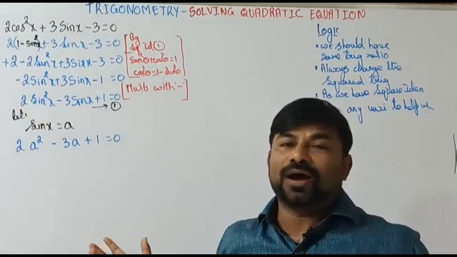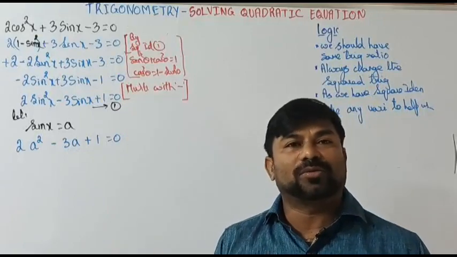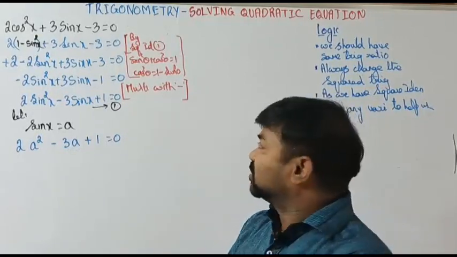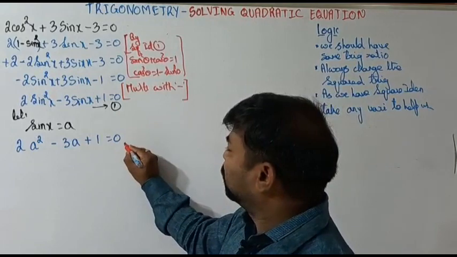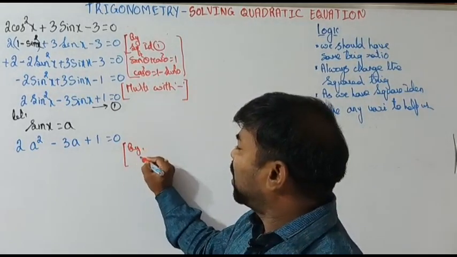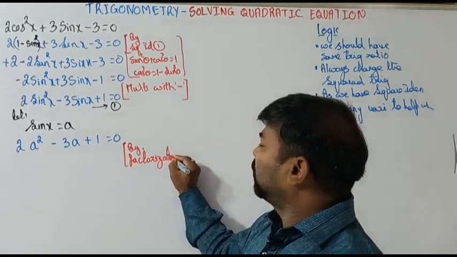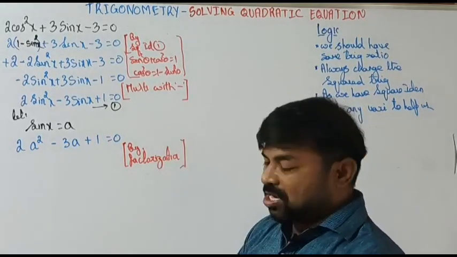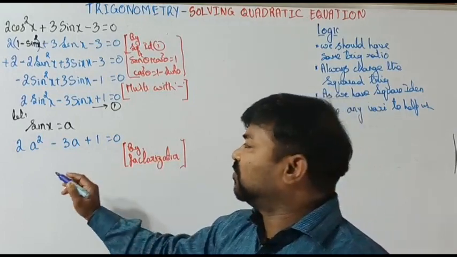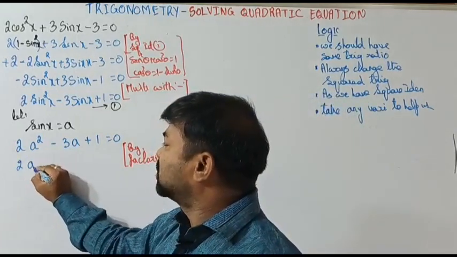We got a general quadratic equation. Now let's solve it by factorization. If you factorize it, straight away we can write 2a square.